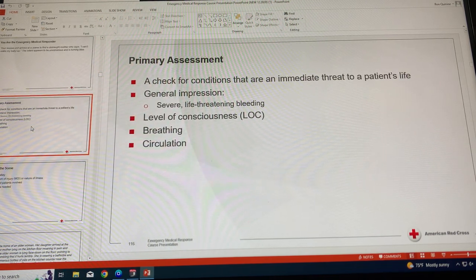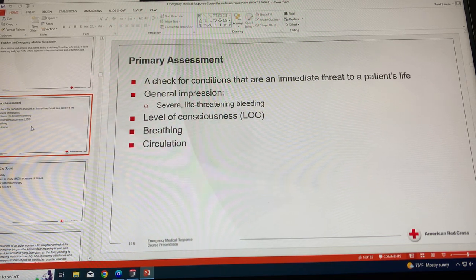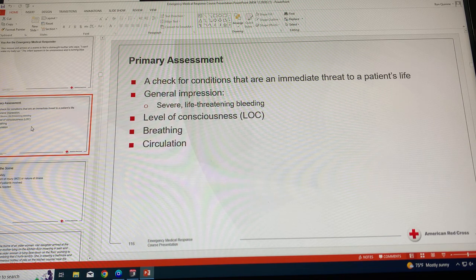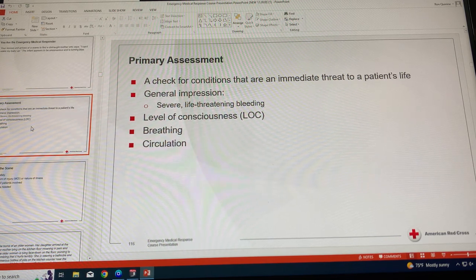Okay, primary assessment. When an emergency occurs, one of the most essential aspects of your job is the primary assessment. The primary assessment is the process used to quickly identify those conditions that represent an immediate threat to the patient's life, so that you may properly treat them as they are found.